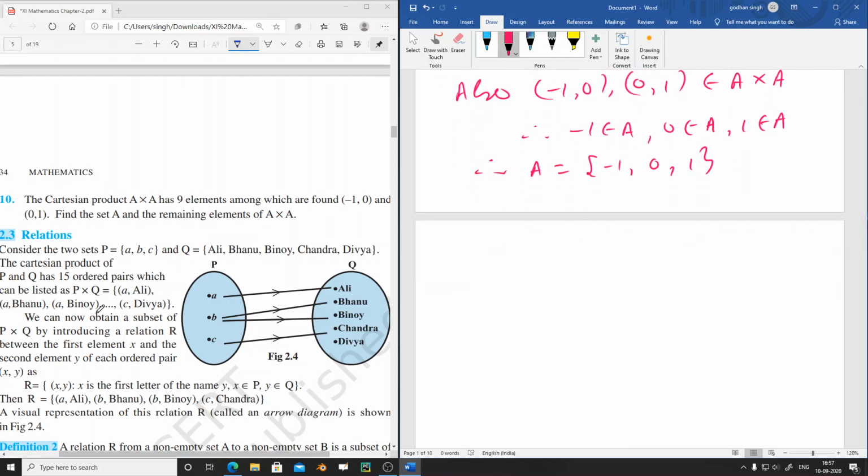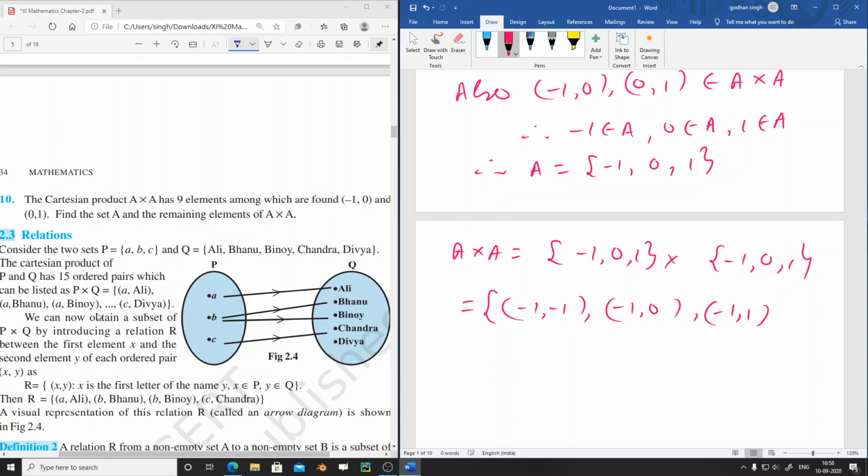Now we have obtained set A and we have to find the remaining elements. So we know how to find A cross A. A cross A equal to {-1, 0, 1} cross {-1, 0, 1}, and that will give us pairing -1 with the elements of the second set, that is, we will get the ordered pairs (-1, -1), then (-1, 0) and (-1, 1).